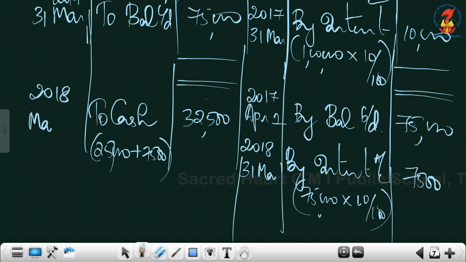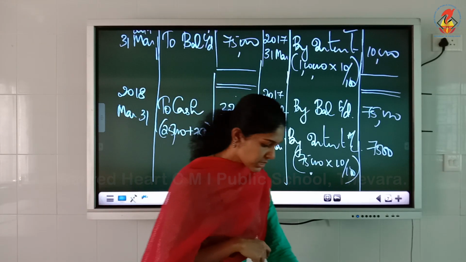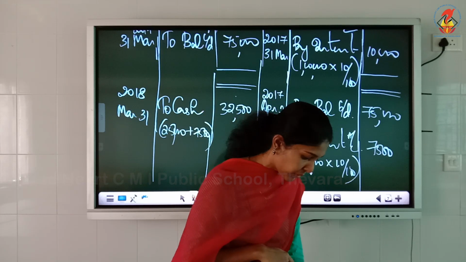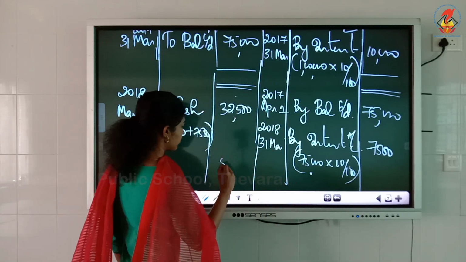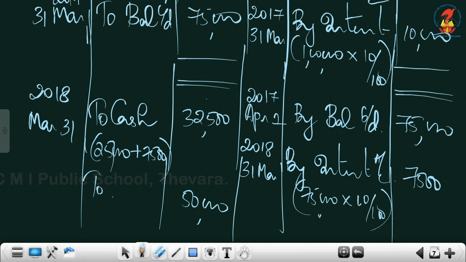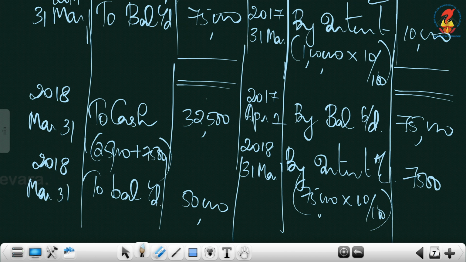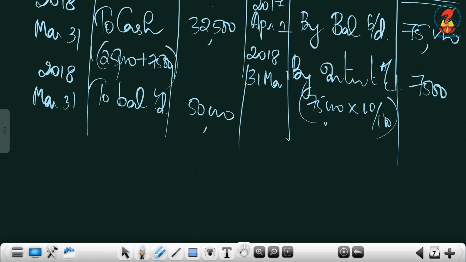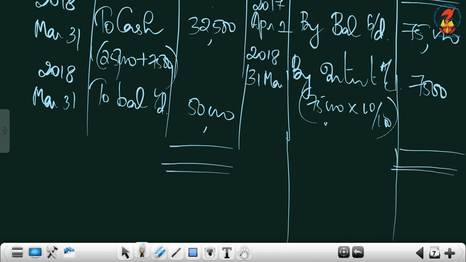The year ending we will write. Okay. Now you find the closing balance. Closing balance is 50,000, which you can write as to balance carry down. This is 2018 March 31st. Write totals. Always you have to write totals, just like you do for ledger accounts.